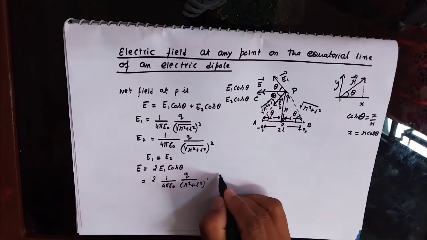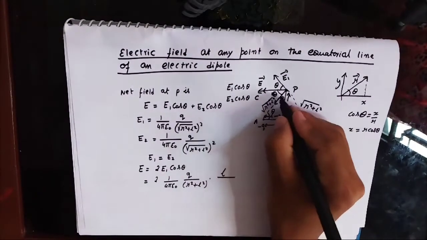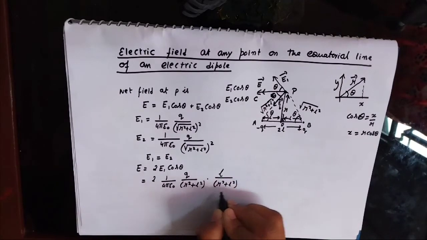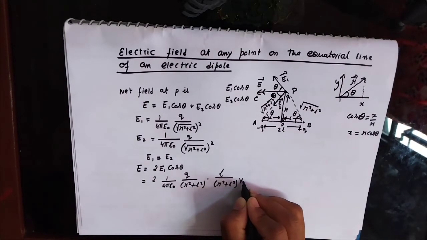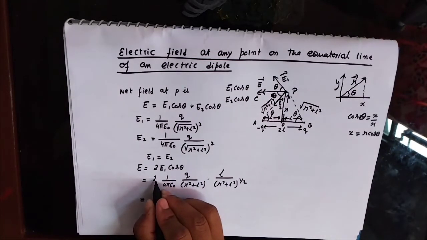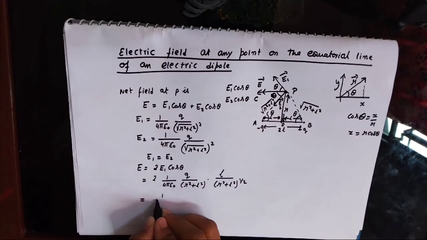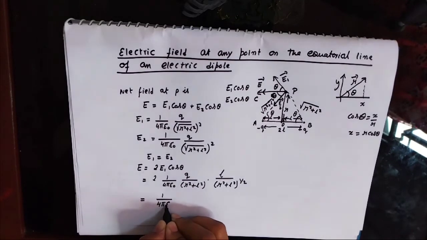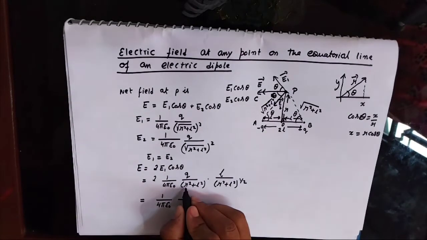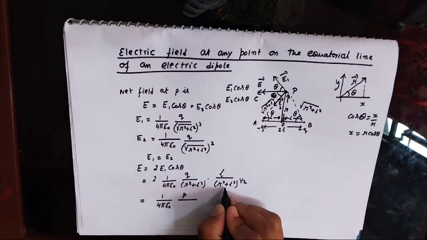Base is L. Hypotenuse is root over r square plus L square; instead of root, I'll put the power half. So now this becomes 2L into Q, so 1 by 4 pi epsilon naught, then p, 2LQ is the dipole moment. Here, r square plus L square is multiplied by this.